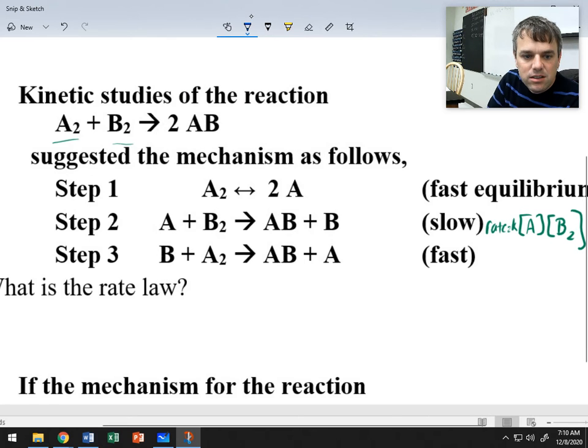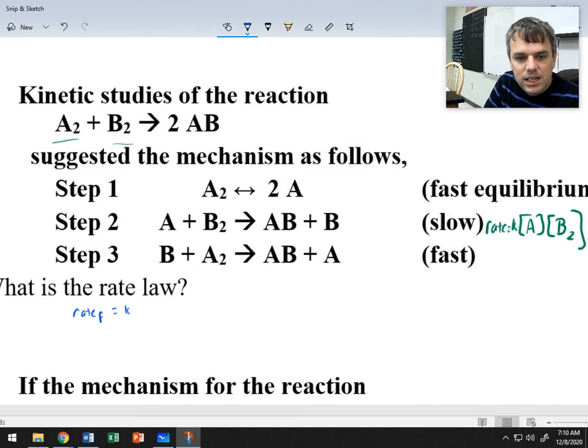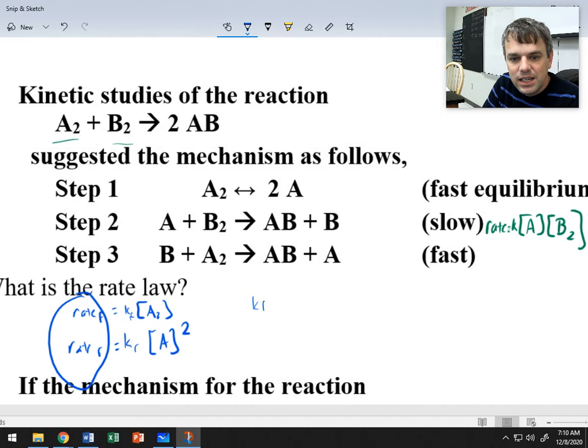And so for that, the rate of the forward reaction equals k times the concentration of A2. The rate of the reverse reaction equals k of the reverse reaction times the concentration of A squared. At equilibrium, the rates are equal. So we have kf times A2 equals kr times A squared. We move kr to the other side.